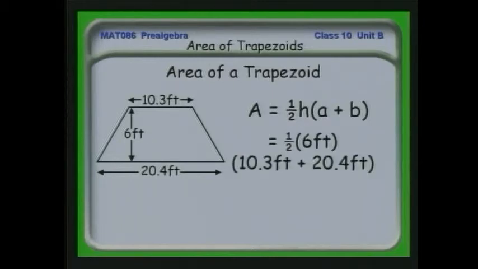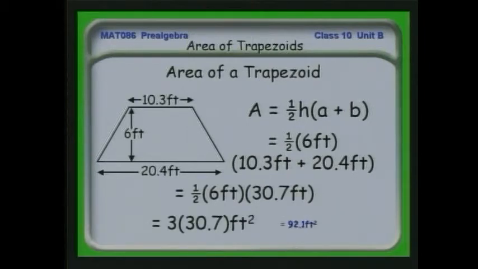We have 10.3 feet as one parallel side, 20.4 is the other, and the height is 6 feet. Then we have to add the 10.3 and 20.4, and we work this out exactly as we would the area of a triangle.